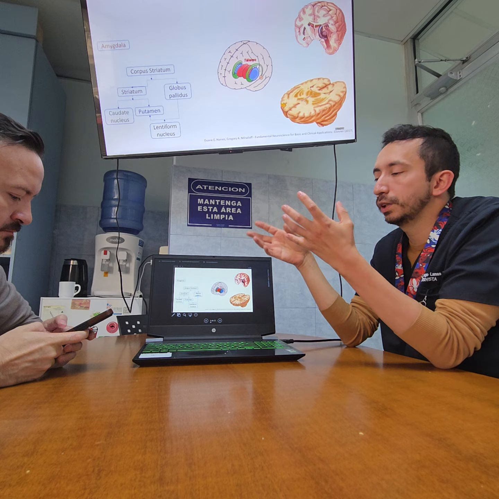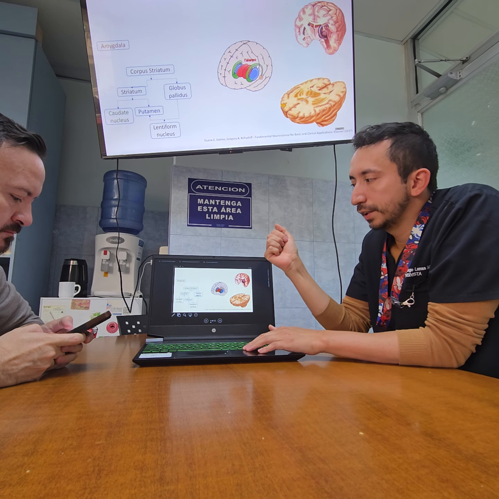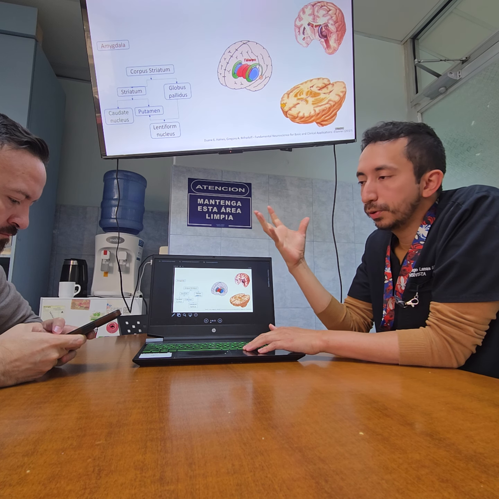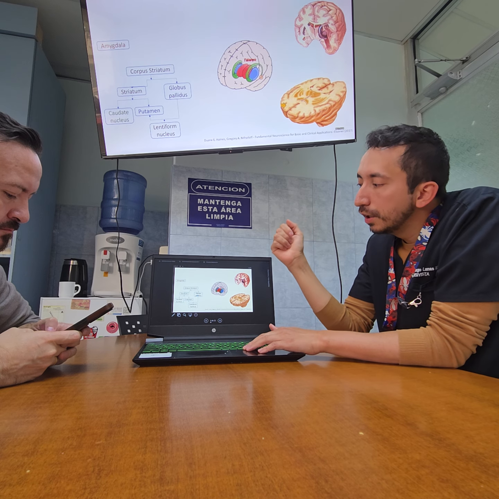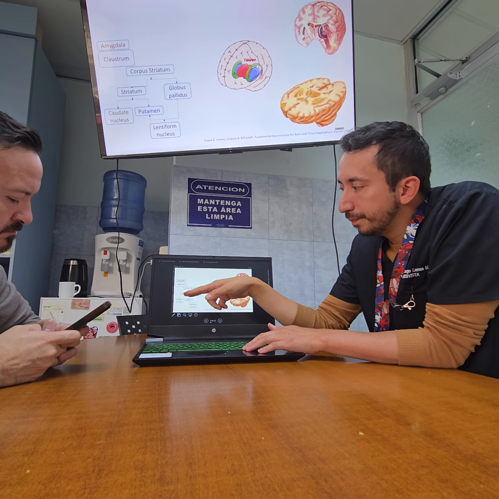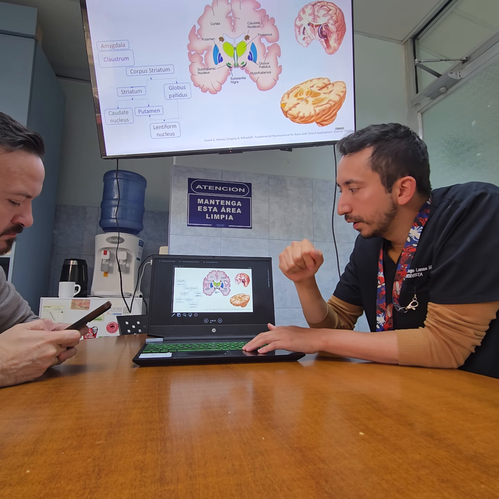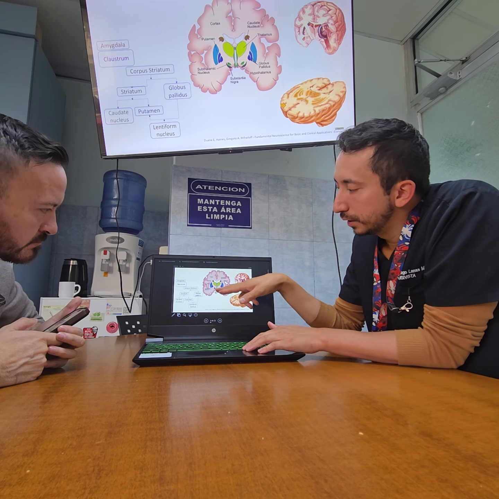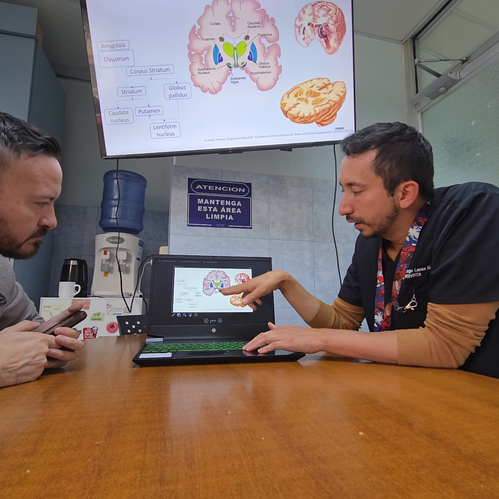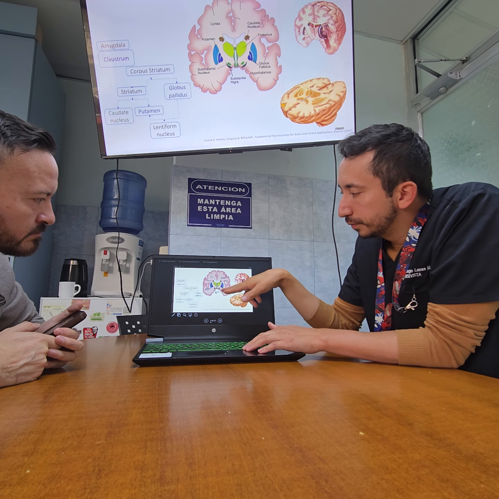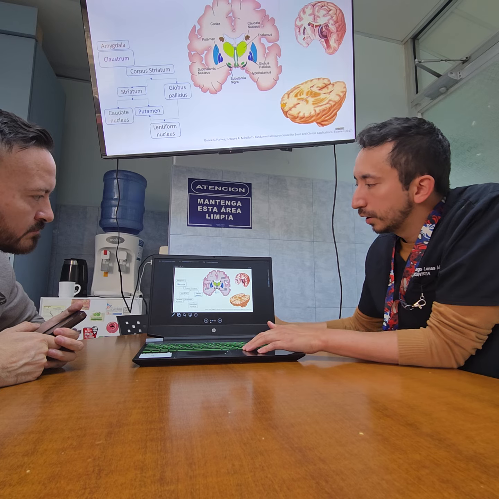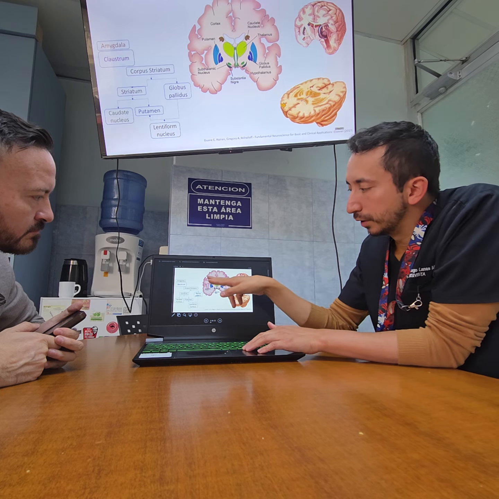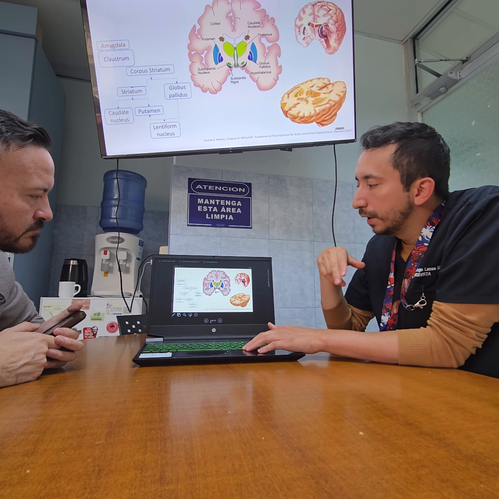And if you want to complete with other structures that people generally call basal ganglia, you can add the amygdala and claustrum. So in this image you can see putamen, globus pallidus, maybe the thalamus, and caudate nucleus. This is the cortex of the brain.